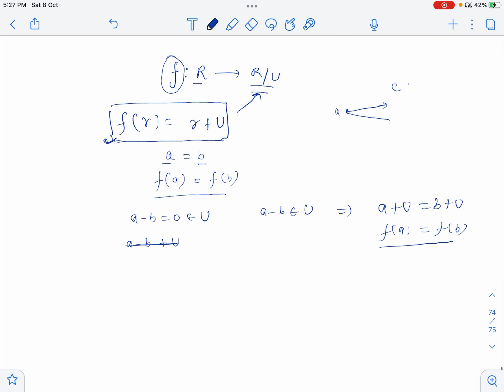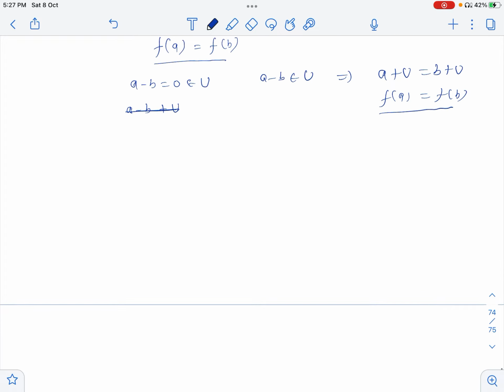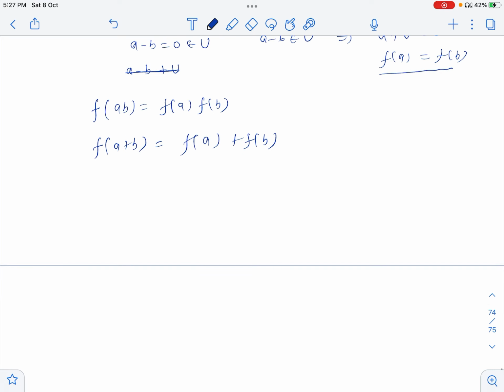Now we need to prove that F is homomorphism. And for a function to be a homomorphism over a ring, it has to satisfy two properties: F(AB) is equal to F(A) multiplied with F(B), and F(A + B) is equal to F(A) + F(B).